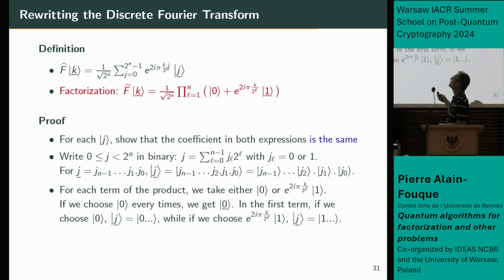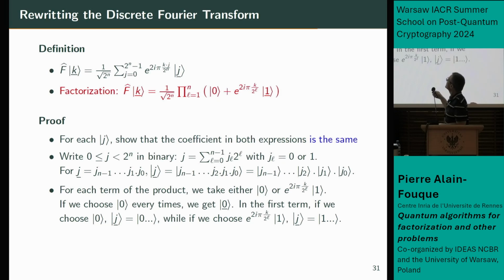Here you have a product, and in this product, either you take only, for instance, the 0 coefficient. If on each product you use this value, you will get 0, 0, 0, n times, and this will correspond to this register, and from this register you will get only 1 times 1 times 1 times 1, and so you will get 1. This is exactly the value that you get here.